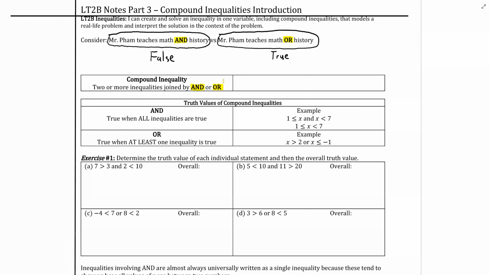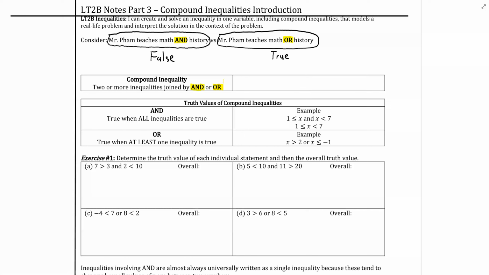And as it turns out, when we have the and compound inequalities, we can actually condense them into one single super inequality, right? 1 is less than x, and x is less than 7. The other compound inequality is the or statement, and or is true when at least one of the inequalities is true. As the example, x is greater than 2 or x is less than or equal to -1.